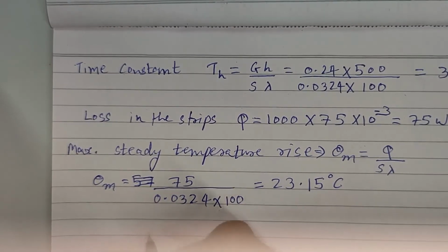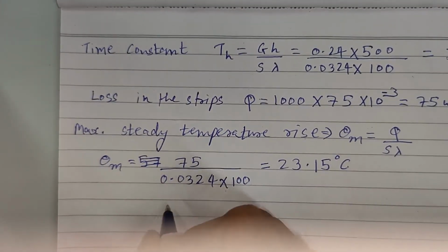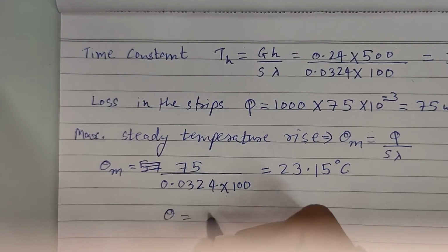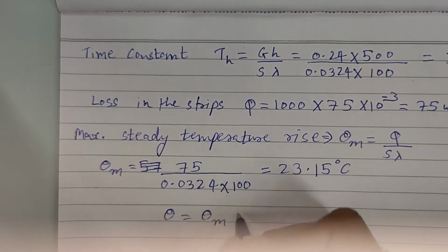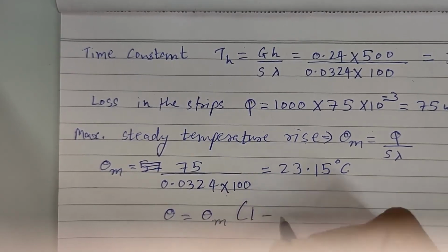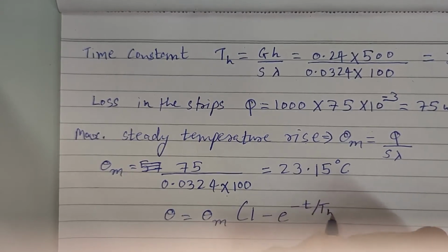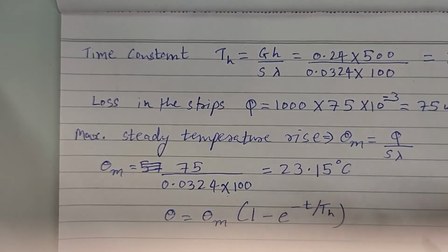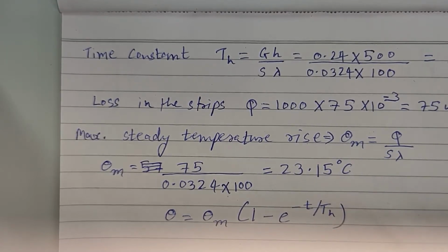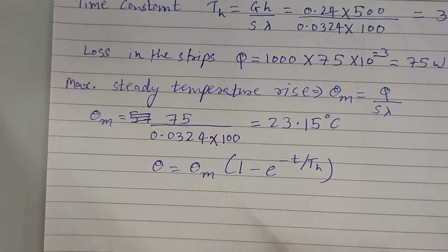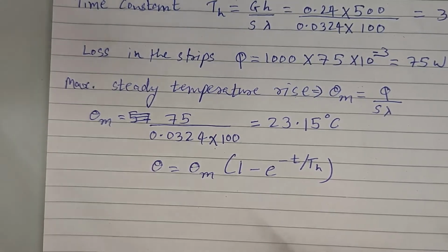Now we have seen an equation, theta is equal to theta m into 1 minus e raised to minus t upon th, which would be used to calculate the time to reach 99% of the final steady temperature rise.